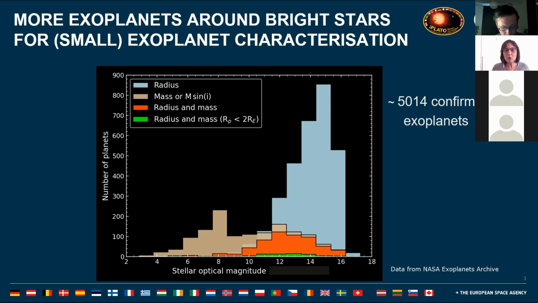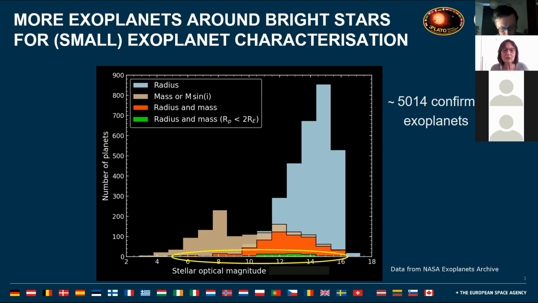But if we go to smaller exoplanets, so to planets that have a radius of less than 2 Earth radii, then we only have this small green area, which means that indeed the number of small exoplanets for which we have radius and mass is still very small.